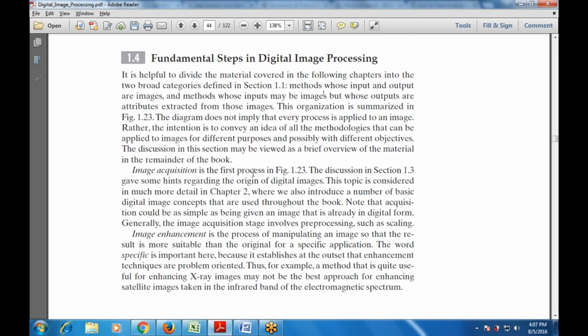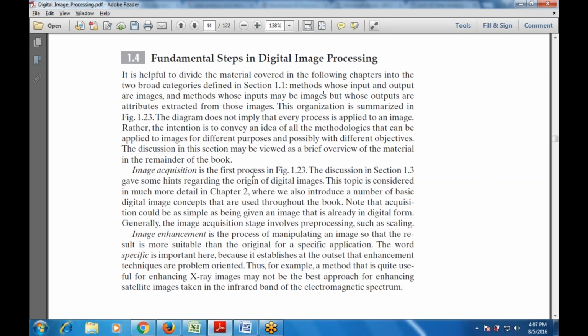Note that acquisition could be as simple as being given an image that is already in digital form. Generally, the image acquisition stage involves pre-processing such as scaling.